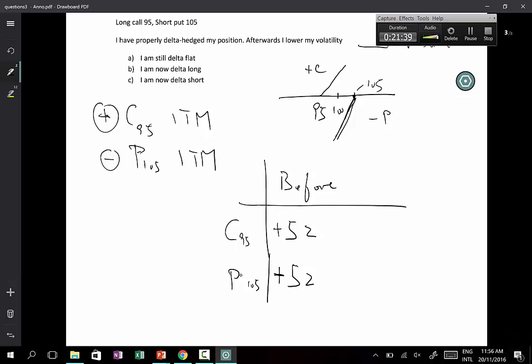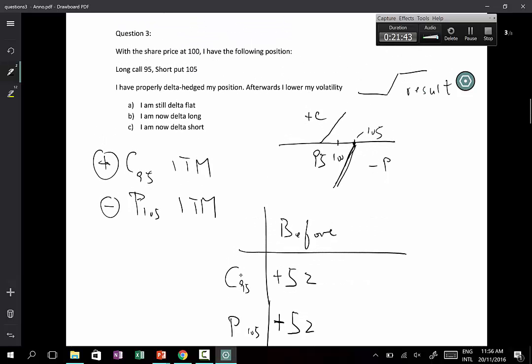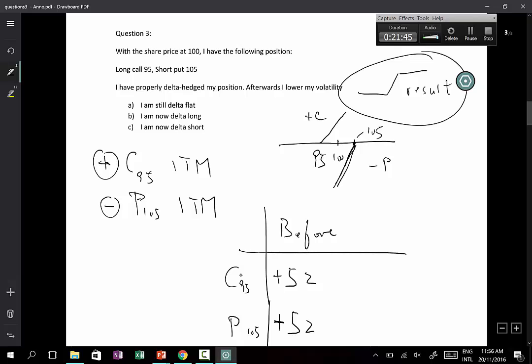So in other words, you are long delta, and you can really see that by looking at the end result. The end result is, what do you want if you have a payoff like this? You want the market to go up. That's it. Okay, at all times you want the market to go up, so you must be long delta.